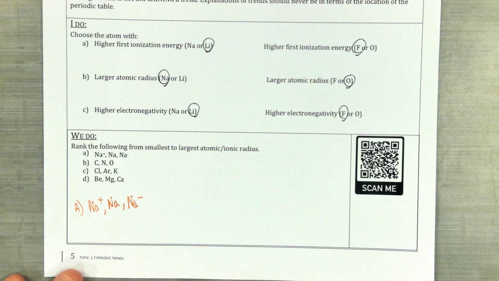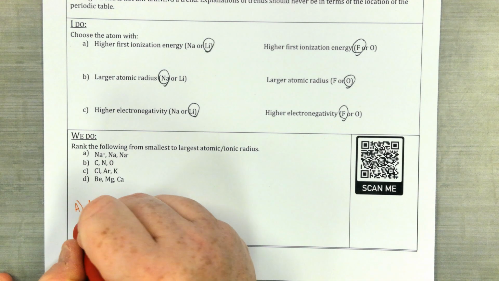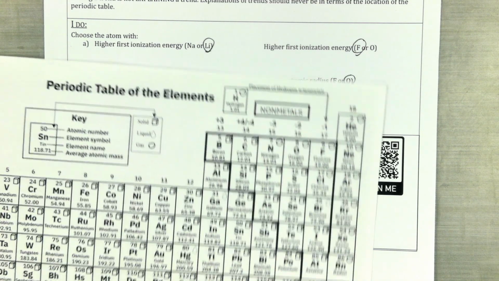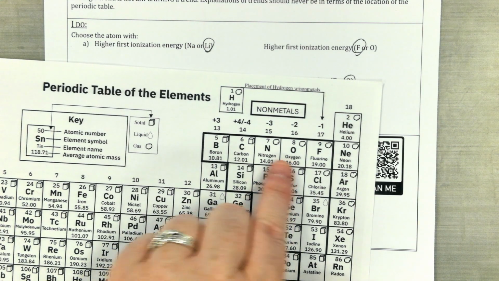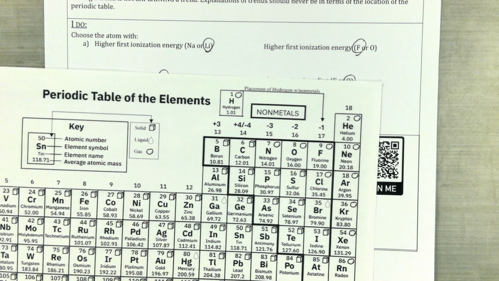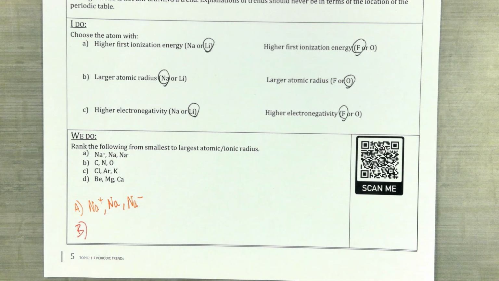Okay. All right, for B, we have the trend of C, N, and O, carbon, nitrogen, and oxygen, which are in the same period. So all 3 have the same shell. Okay, so now we have to look at the number of protons.